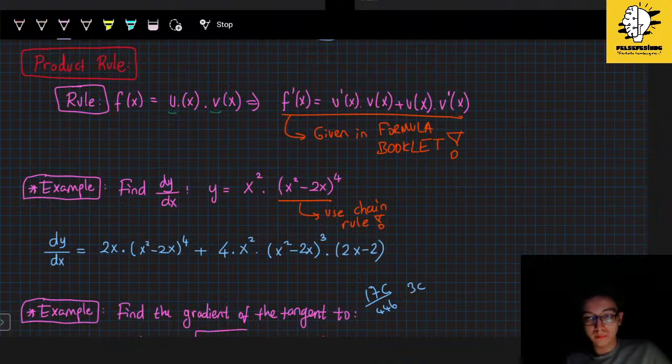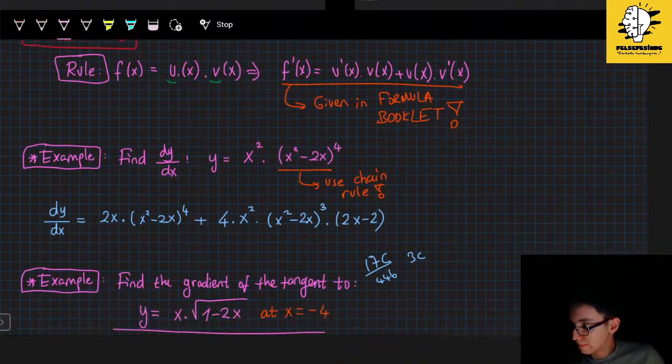And as you can see, when we take its derivative, firstly, we take the derivative of u, u prime x times v(x), and we don't take the derivative of v, plus we take u as it is, and times v prime. It doesn't matter if you take the derivative of u or v first, because we are just adding them up. That's it. Okay, let's solve the next example.